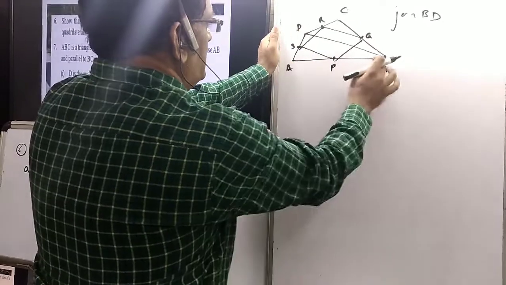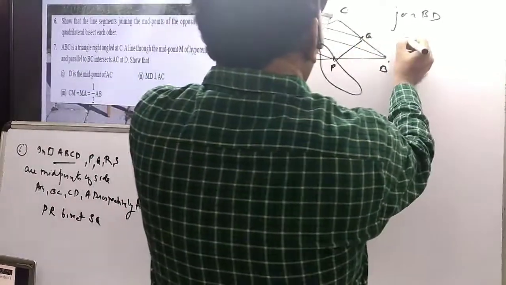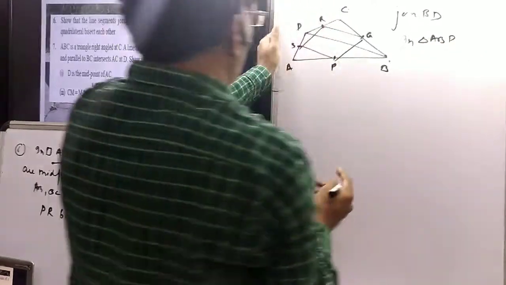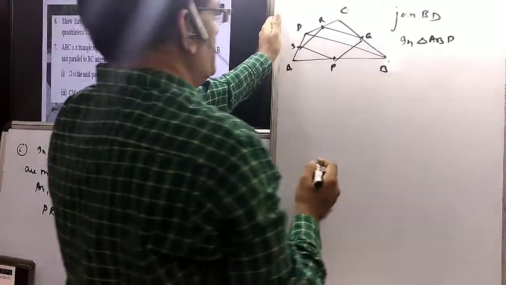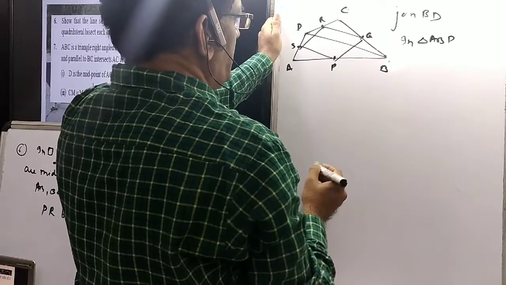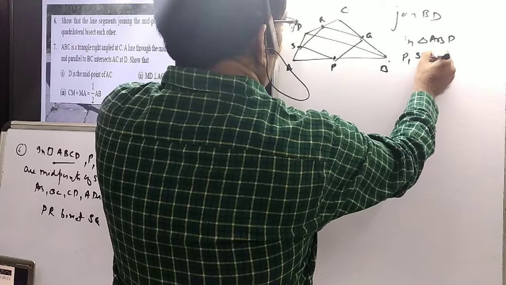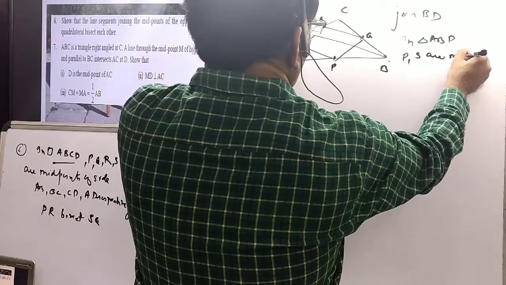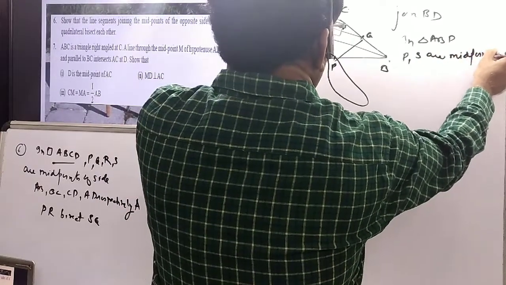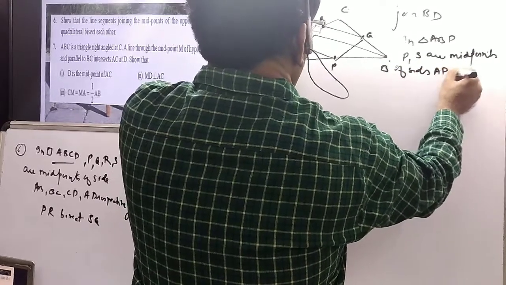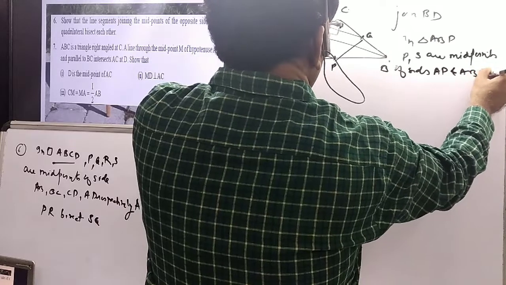One triangle is triangle ABD. In triangle ABD, P and S are the midpoints of sides AB and AD respectively.